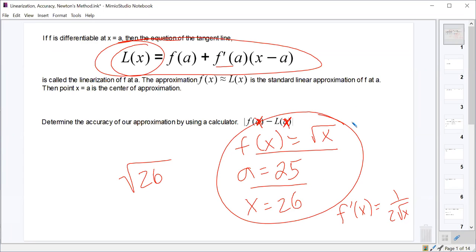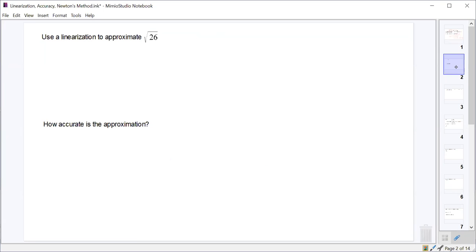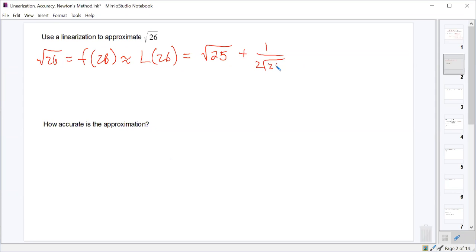So we should be able to use all this information that we just said to approximate the square root of 26. So we will say that the square root of 26, that's f of 26, which should be approximately equal to the linearization at 26, which is f of a, so square root of a, plus f prime of a times x minus a.